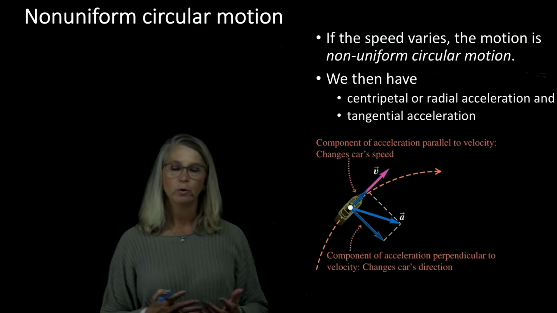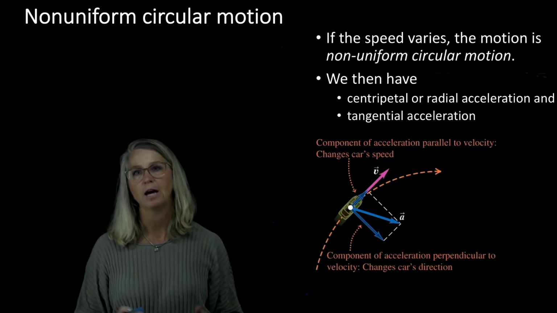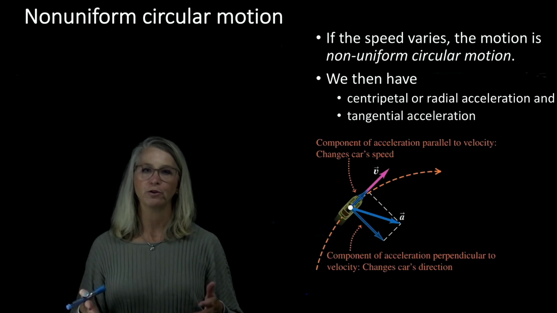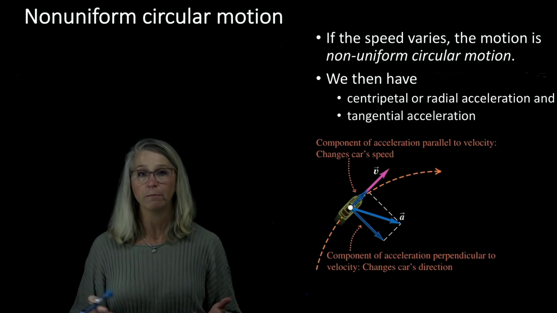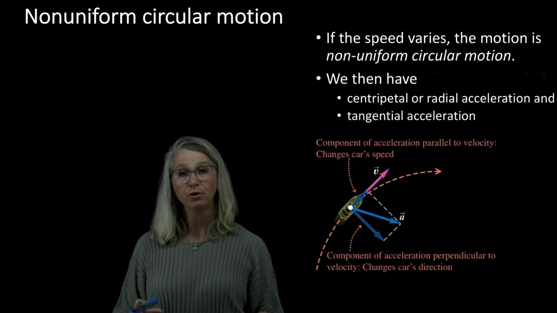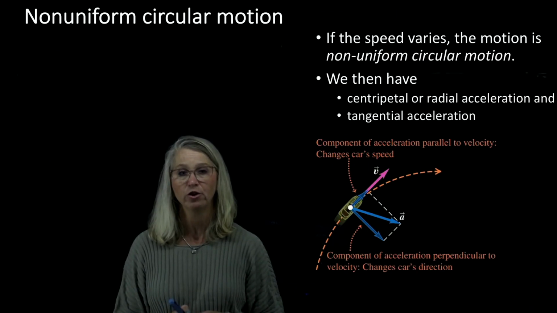And then the last thing that we want to consider is what if the speed changes? That would be non-uniform circular motion. The non-uniform referring to the fact that the speed isn't uniform. And when that happens, we have another type of acceleration which we call a tangential acceleration.